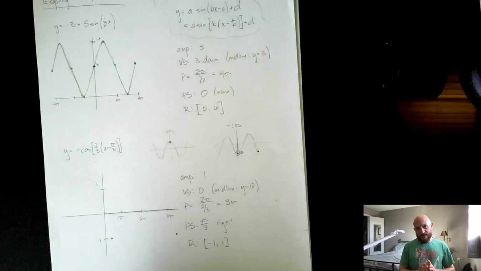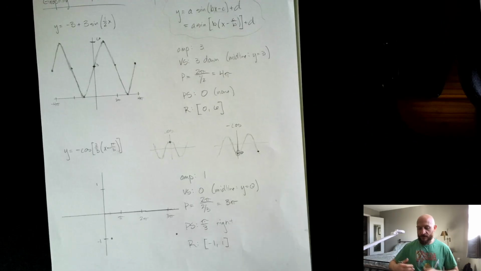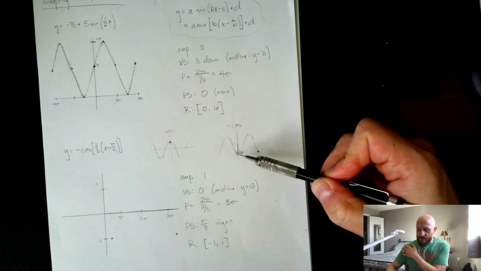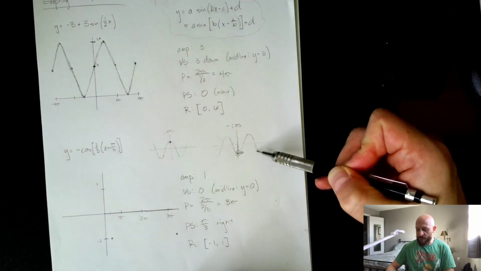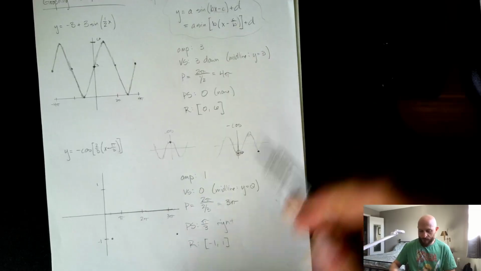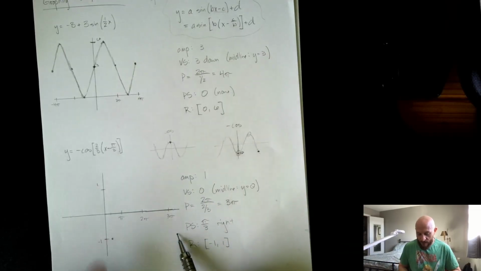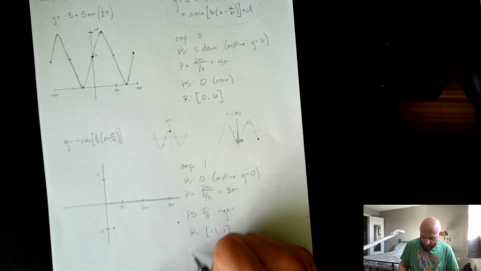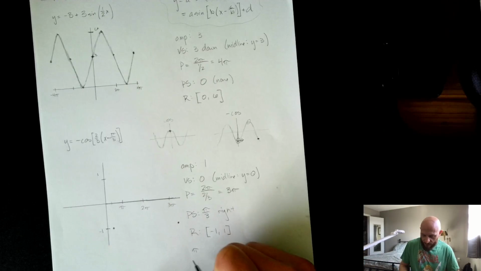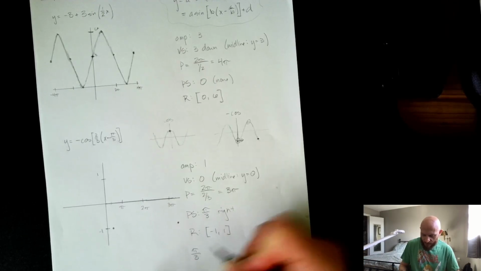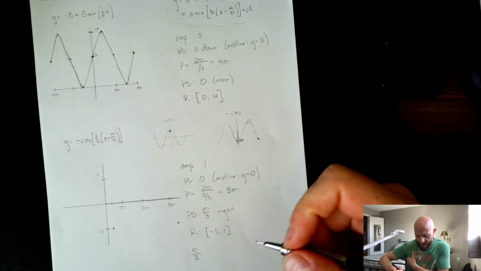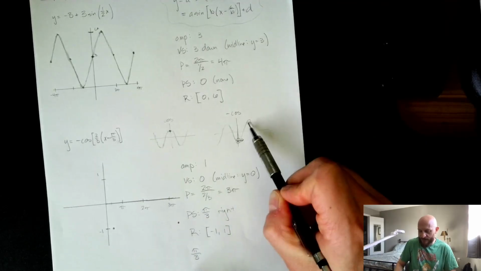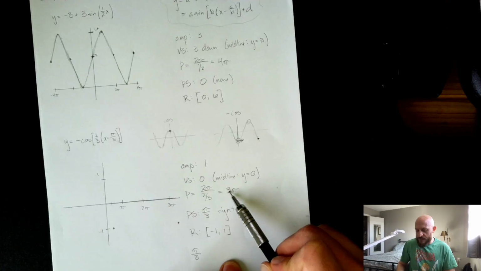This is where I start chopping things in half to find the peaks and the troughs and where things are hitting midlines. Right in between these two troughs, the midpoint between them corresponds to a peak. Those points are pi over 3 and, half of a period, which would be 3 pi over 2.